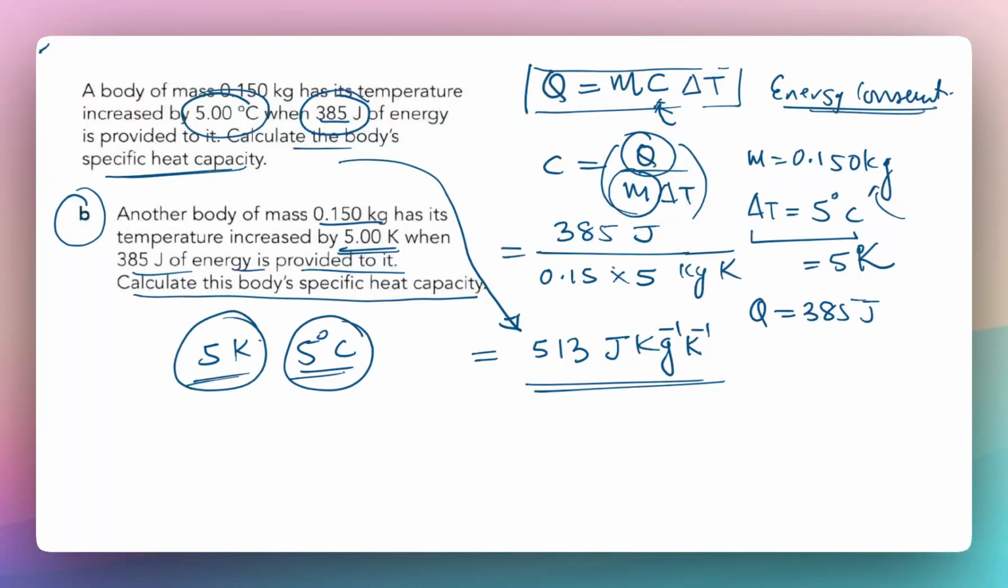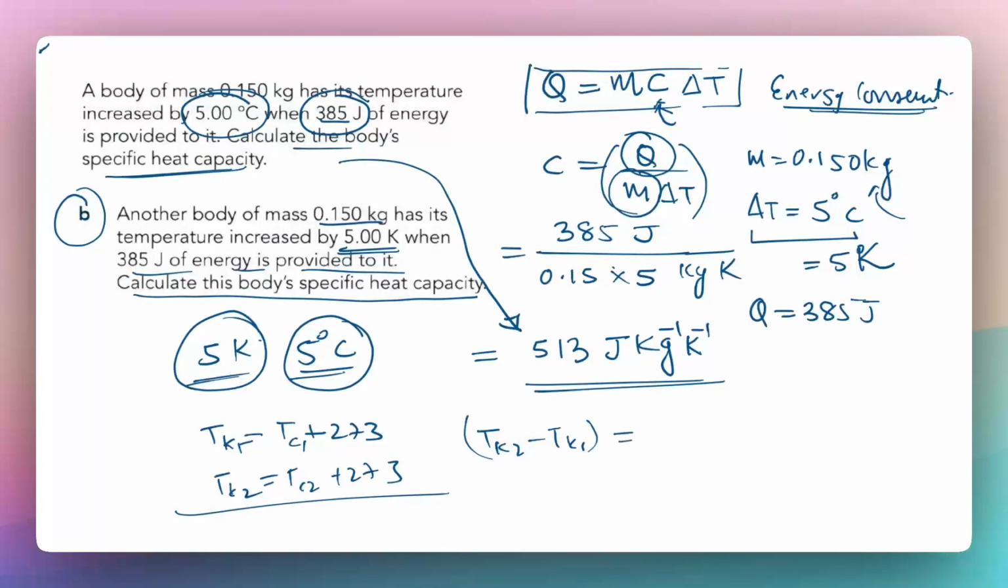So the absolute value could be different, right? Because when we're dealing with temperature in Kelvin, plus 273 will be our Kelvin temperature 1, and then let's say C2 plus 273 is Kelvin temperature 2. When you do the difference, basically you end up with temperature TK2 minus TK1, which is in Kelvin, will be TC2 minus TC1, and this 273 will become 0, right?